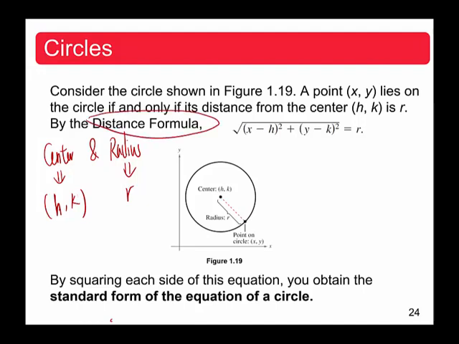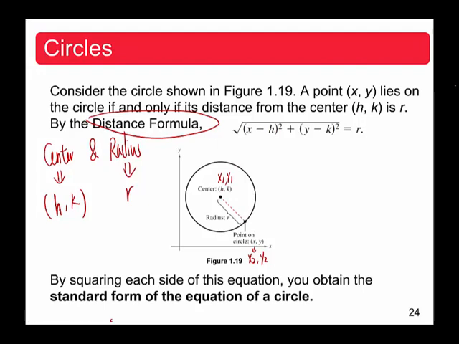So this is (x1, y1), and this is (x2, y2). Then we do x2 minus x1, which is x minus h, squared, plus y2 minus y1, which is y minus k, squared, and this is equal to the distance, which is the radius.